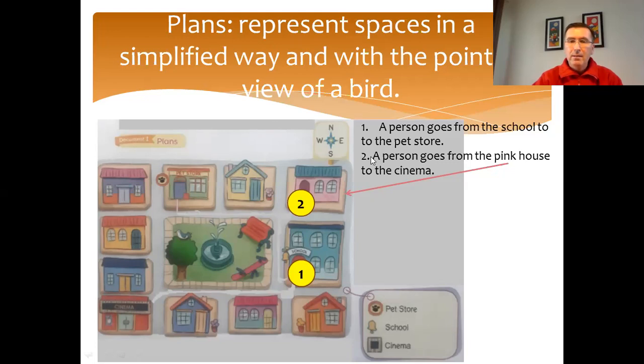And in exercise number 2, let's imagine that there is a person that goes from the pink house to the cinema. The pink house is the one with the number 2, and you need to go to the cinema. I will take this route. I will walk straight to the west, and I stop on this corner.